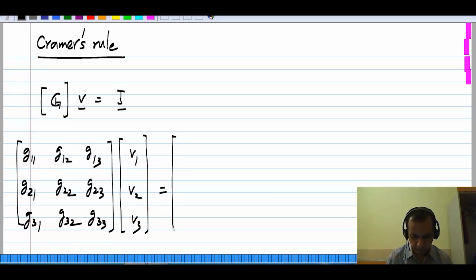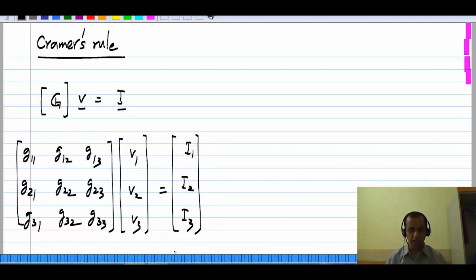And in general, there will be 3 non-zero elements, I1, I2 and I3, which consist of total currents pushed into each of the nodes. They may not correspond to the values of single current sources, but they correspond to the total currents being pushed into nodes 1, 2 and 3.